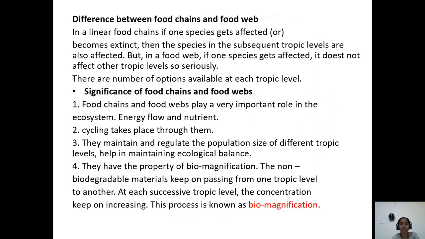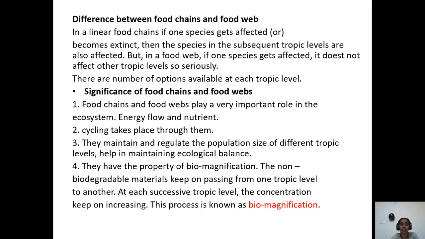So, the differences between food chain and food web, and the significance of food chain and food web. There are 4 points. Food chains and food webs play a very important role in any ecosystem. Cycling takes place through them. They maintain and regulate the population size of different trophic levels and help in maintaining ecological balance.